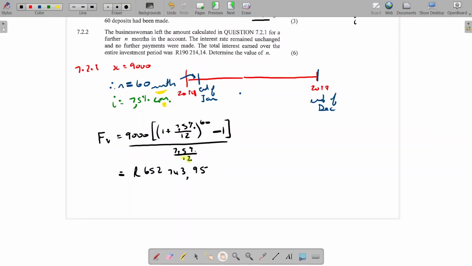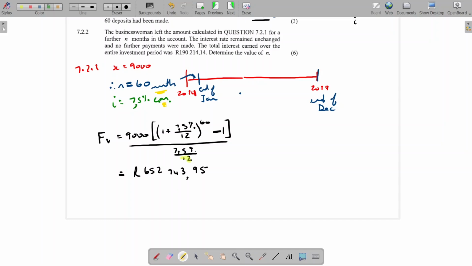So please understand that because of this statement, that no further payments were made, we must now not be dealing with the F formula, but with the A P formula. So for 7.2.2, the correct formula would be A equals P, 1 plus i to the power of n, because we're now talking about this money lying here with no further repayments.